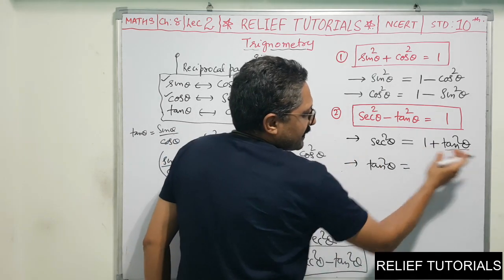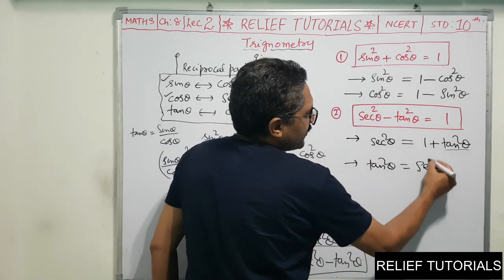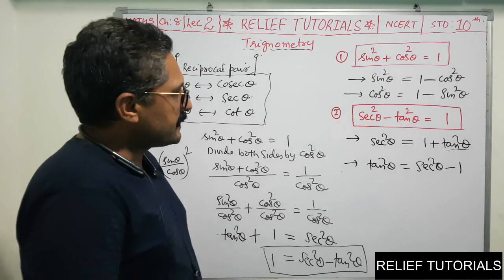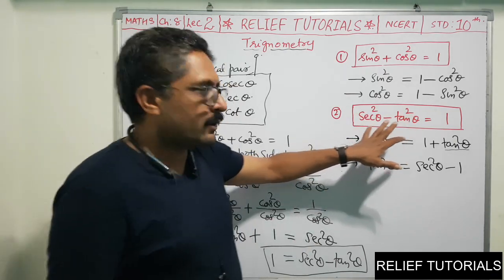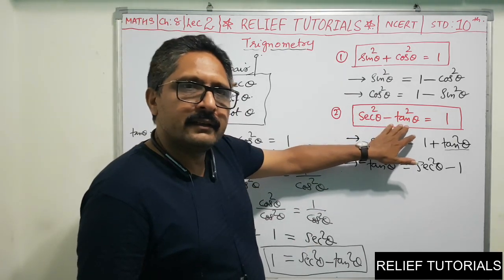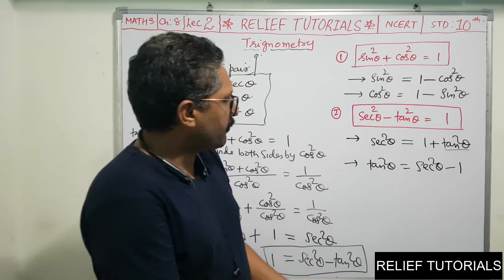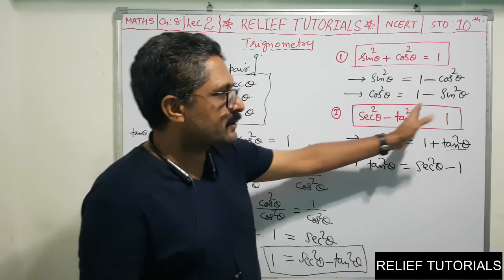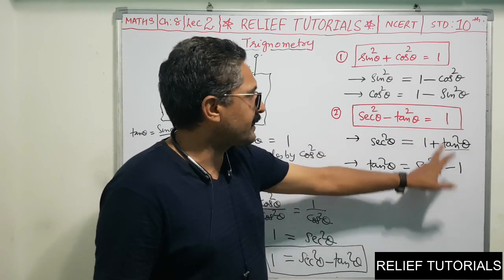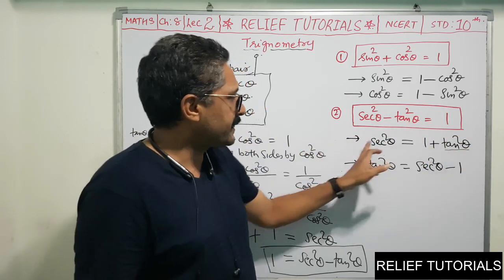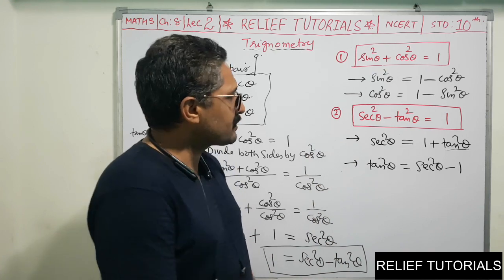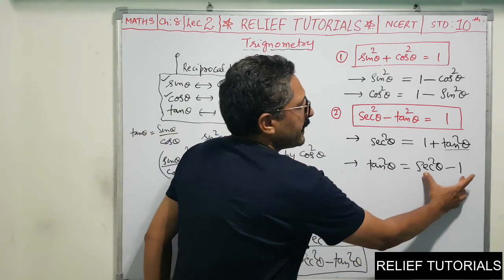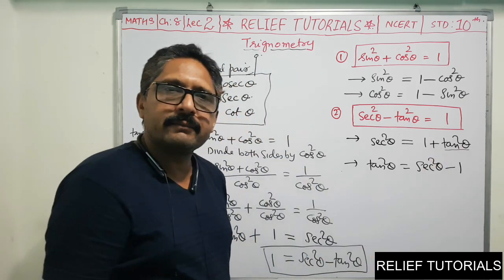So tan square theta is equals to what you will get? You will get sec square theta minus 1. See, you have to remember not only this identity. While doing problems, you have to remember each and everything. Sec square theta is equals to 1 plus tan square theta, and tan square theta is equals to sec square theta minus 1. Why? Because directly you want to apply. In place of tan square theta, you have to write directly sec square theta minus 1.